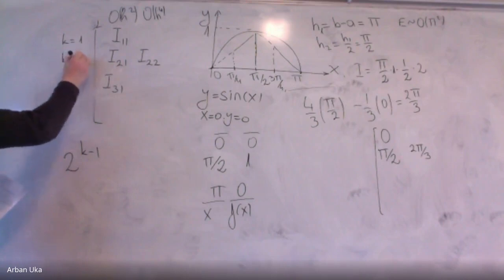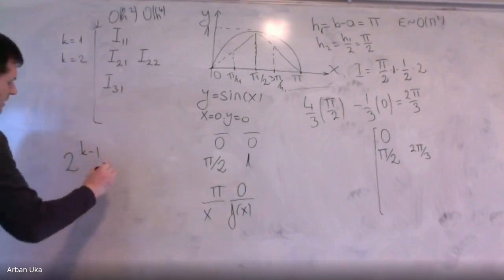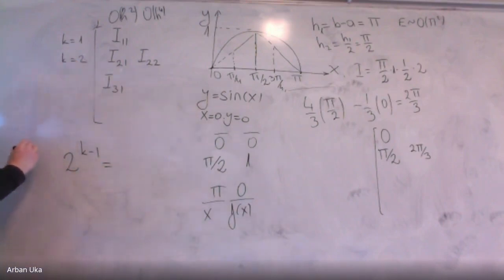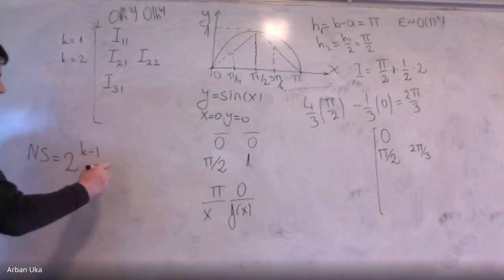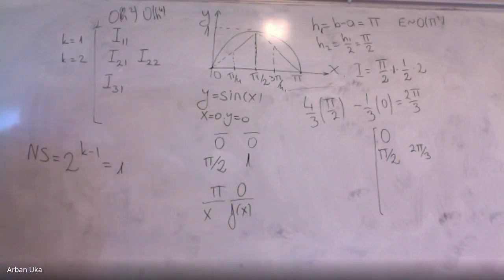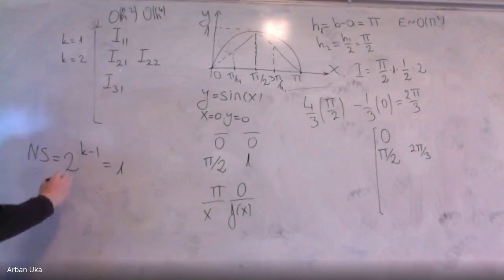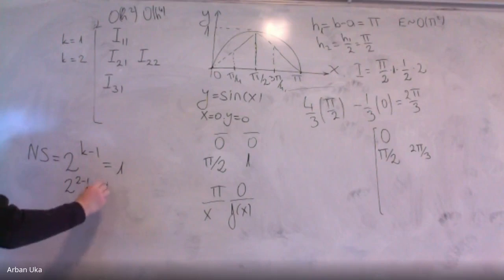Here k is equal to 2, which means this is the number of segments. When k is 1, we get 2 to the power 1 minus 1, which is 2 to the power 0, equal to 1. And when k is equal to 2, you get 2 to the power 2 minus 1, 2 to the power 1, so you get 2 segments.